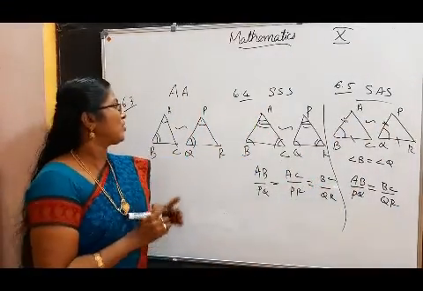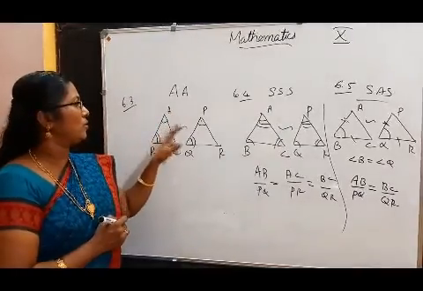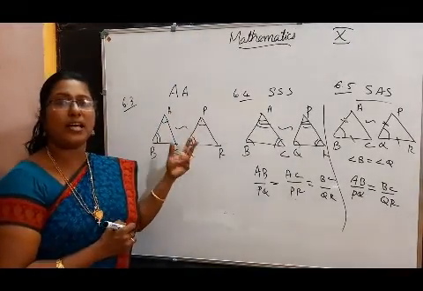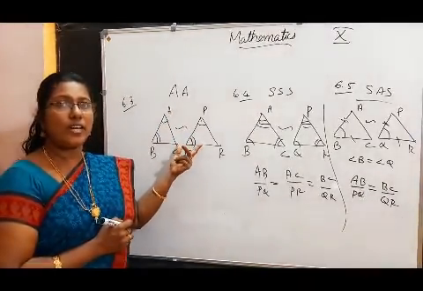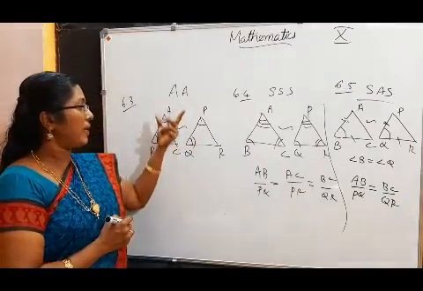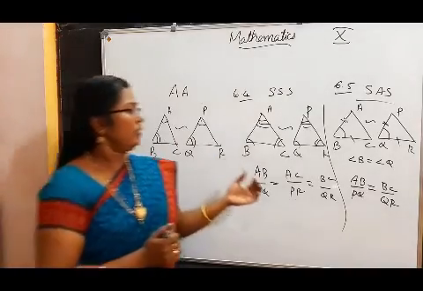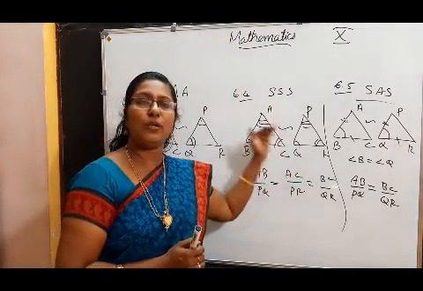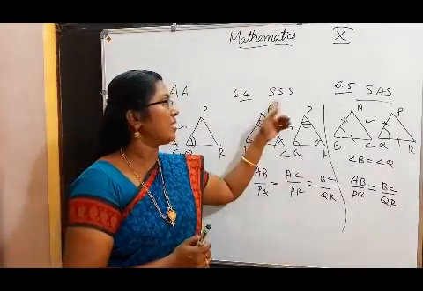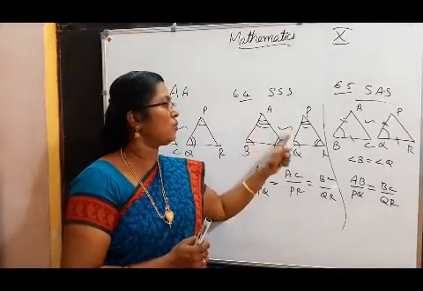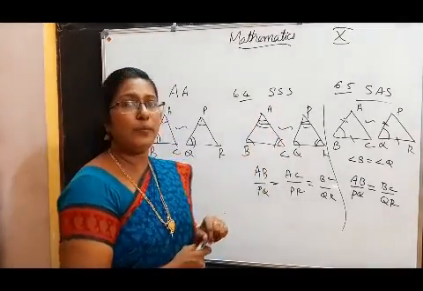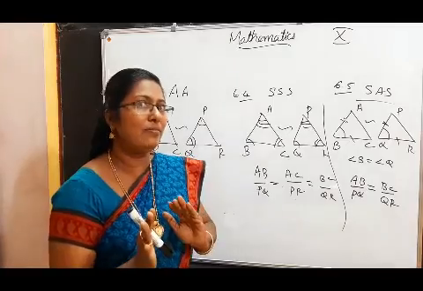The first one, AA: two corresponding angles are equal. So we can say that by the AA similarity criterion, these two triangles are similar. Here the corresponding sides are proportional. By the SSS similarity criterion, these two triangles are similar. That means, similar means what?